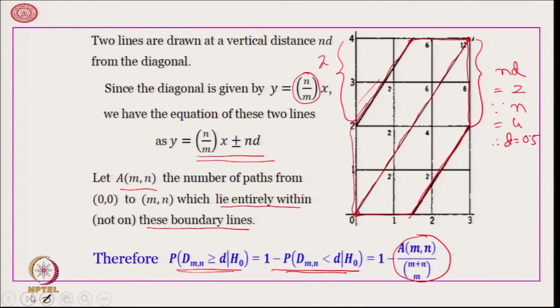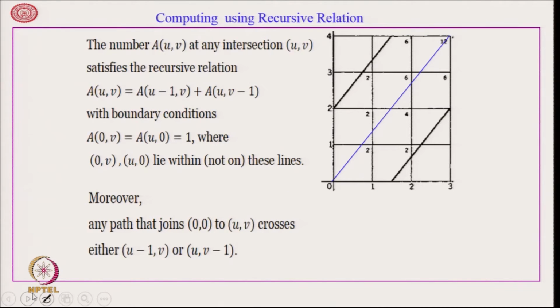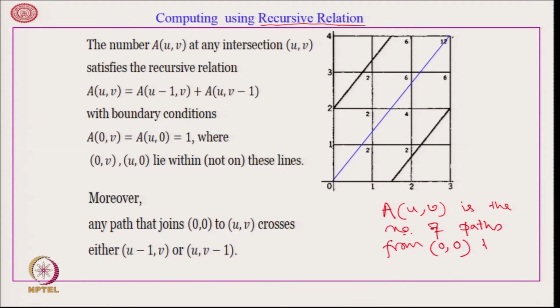Now, as I said, we shall go for complete enumeration, but we can make use of a recursive relation as follows. Let A_uv be the number of paths from (0, 0) to (u, v).